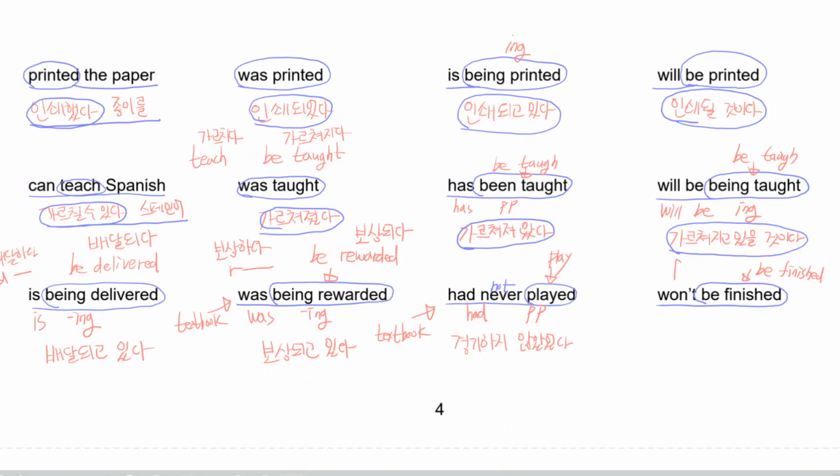Be finished is from finish. Finish is 끝내다. And be finished means 끝내지다. Right? And we have will and base form. That means we have future simple. So we should translate this like this. 끝내지지 않을 것이다.